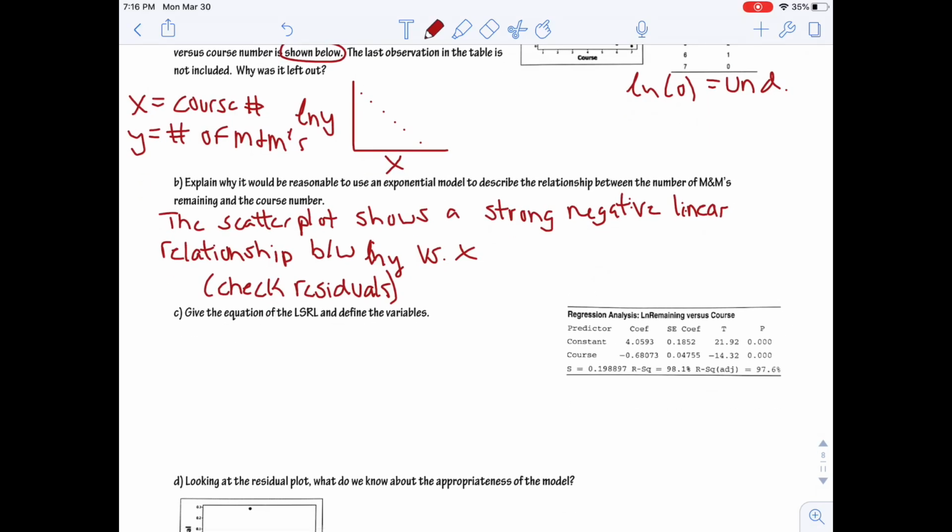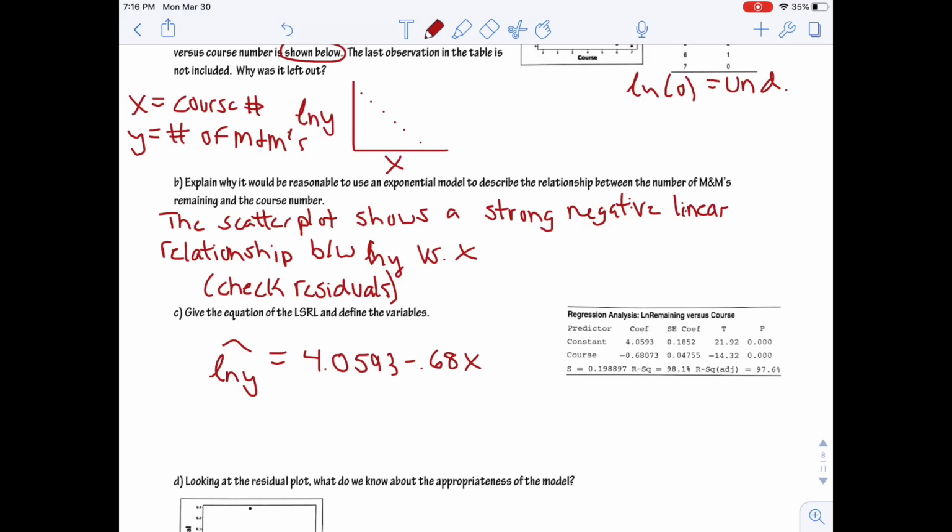Okay, next part. Give the equation of the least squares regression line using that chart over there. So I want you to pause the video, give it a try real quick, and then when you're ready, let's play the video again. Okay. So again, we know it's the ln of y that we're predicting, okay, which would then equal 4.0593 minus 0.68x.